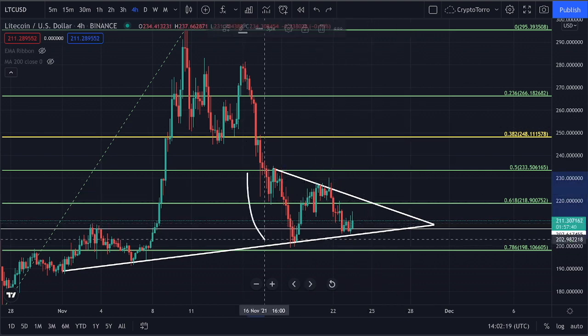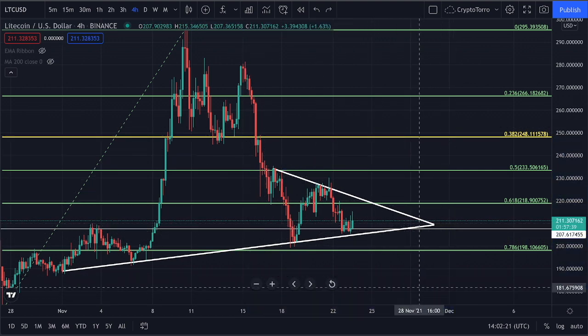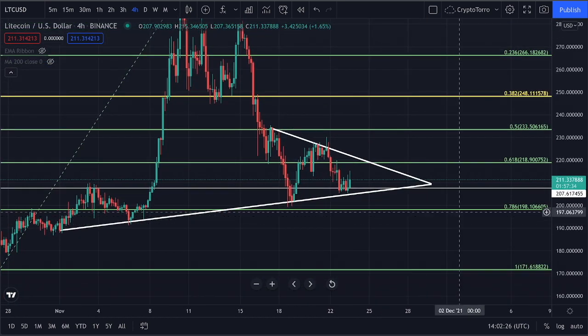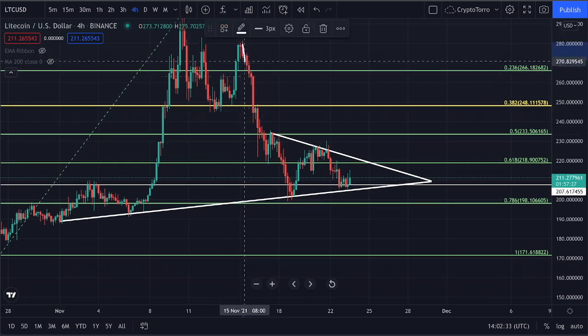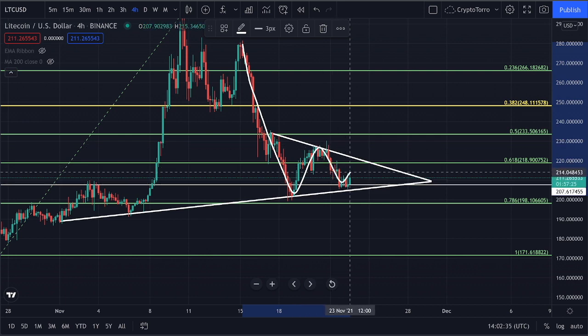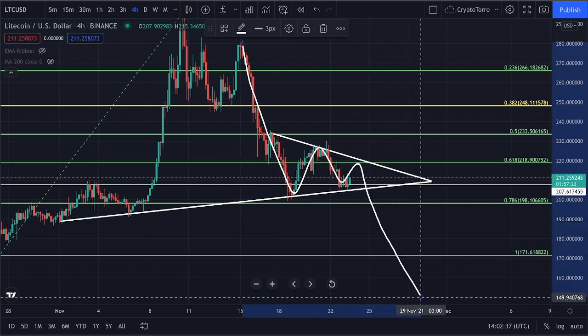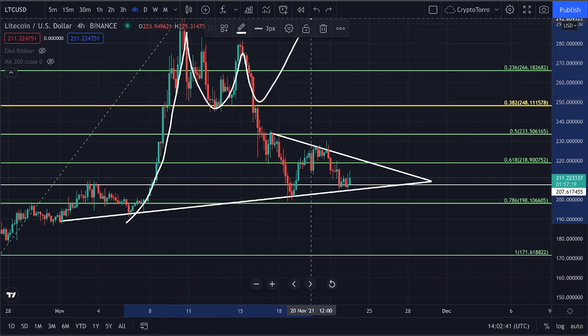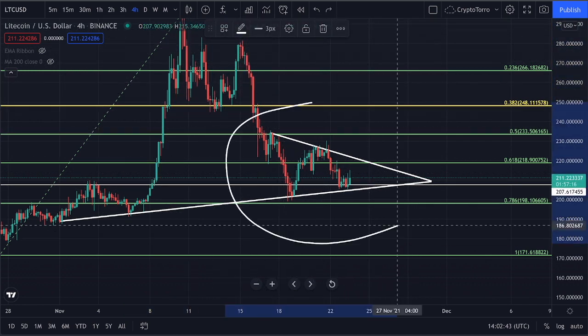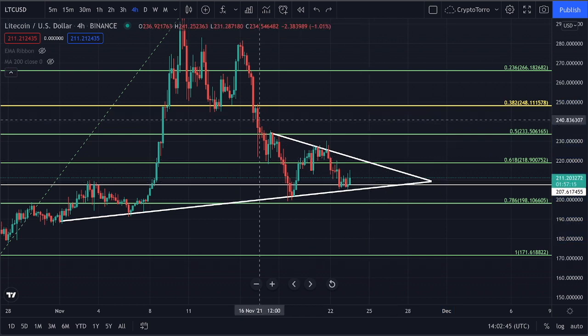Therefore, we are seeing right now a symmetrical triangle getting created, and these triangles tend to break out towards what the previous momentum was. So let me explain myself. If the previous momentum is towards the downside, these triangles tend to break out towards the downside. If the previous momentum is towards the upside, these triangles tend to break out towards the upside. But for sure, we could expect right now a trend reversal getting created.